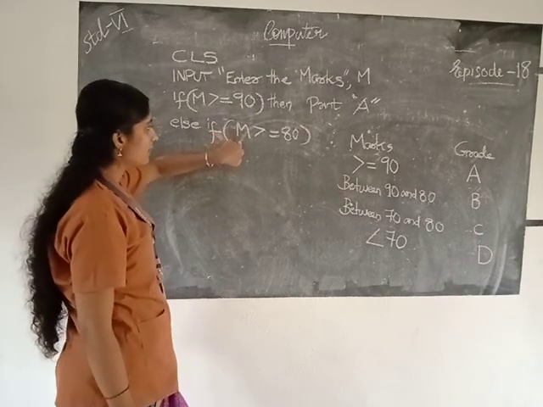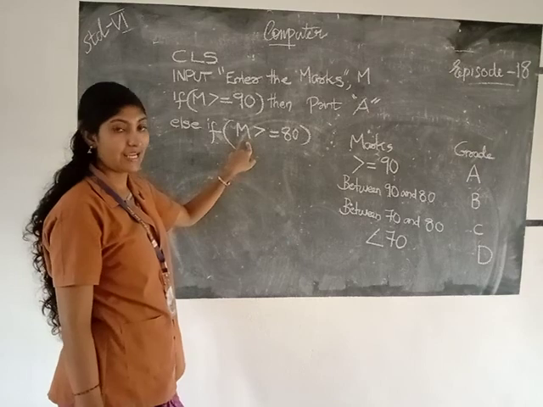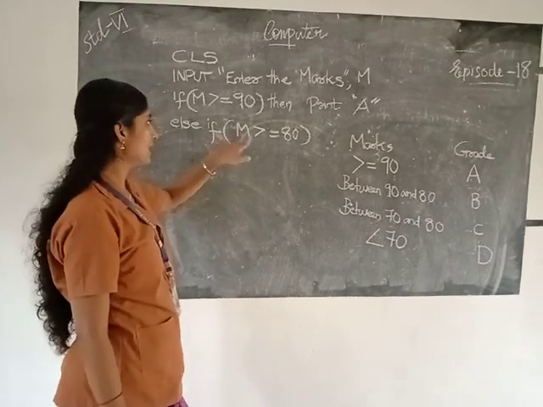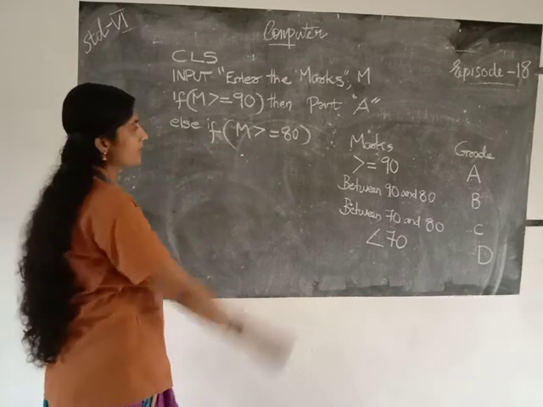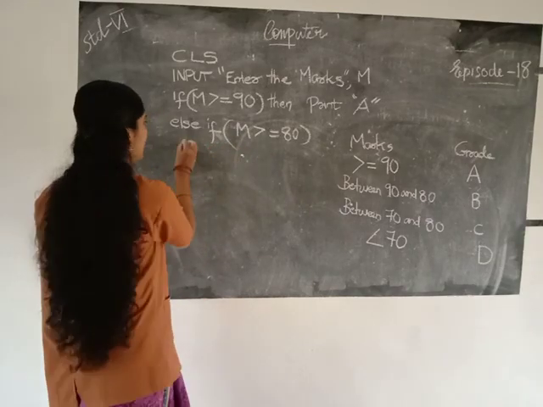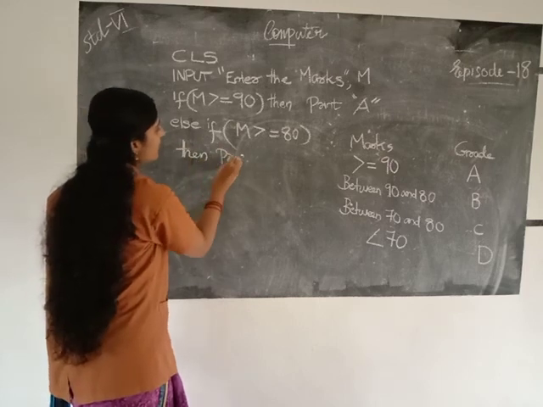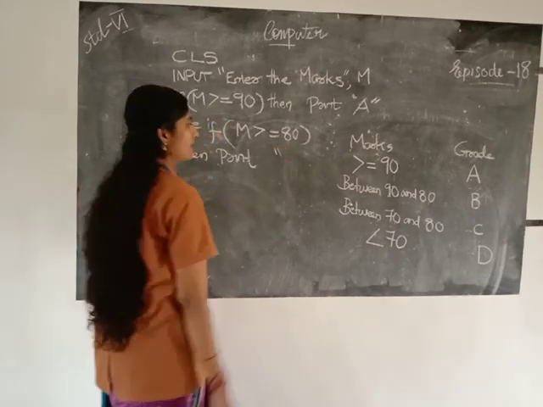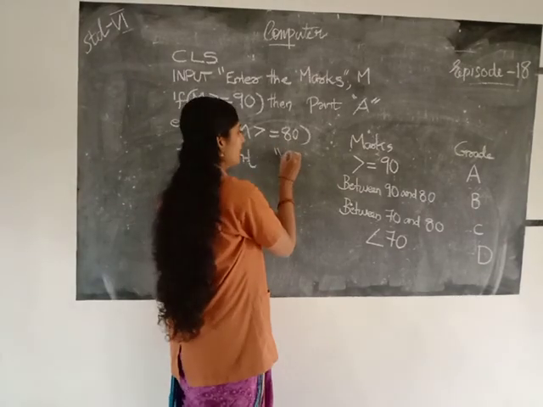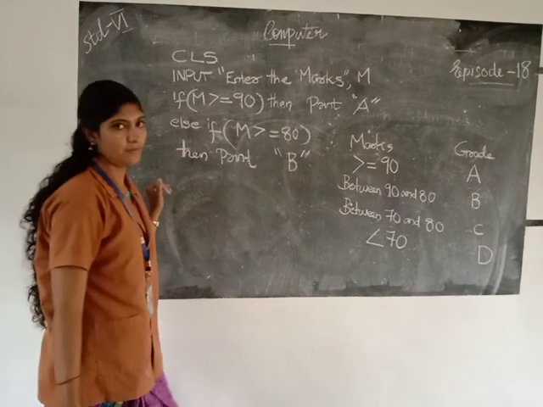Here the numbers start from 80 to 90, that is 80 to 89, not 90. That is ELSE IF M greater than or equal to 80, THEN print which is the grade. So you should write inverted commas, then grade B, then end with another inverted comma.